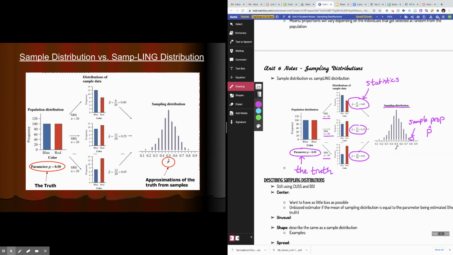Each of these p hat values is not the truth, because we have a wide range of possible values here. These are approximations of the truth.